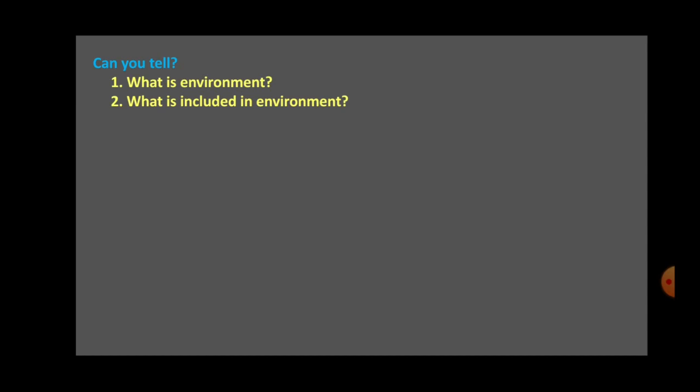That simply means environment. Now, what all is included in environment? It includes physical, chemical, and all other natural factors which surround the living organism. Physical factors such as air, land, water, soil. So, what are the chemical factors?